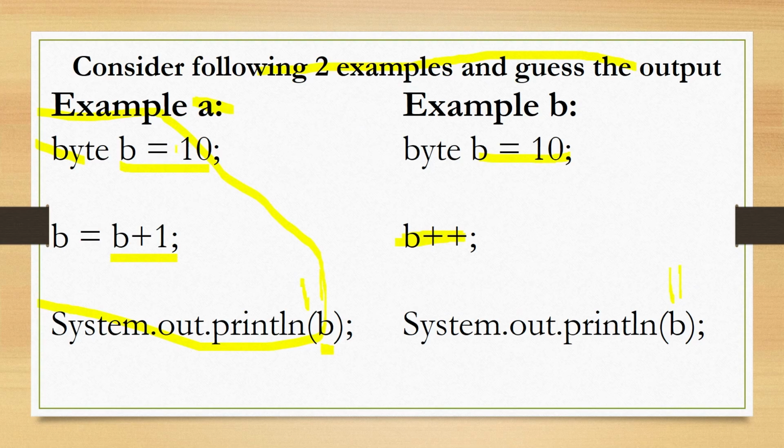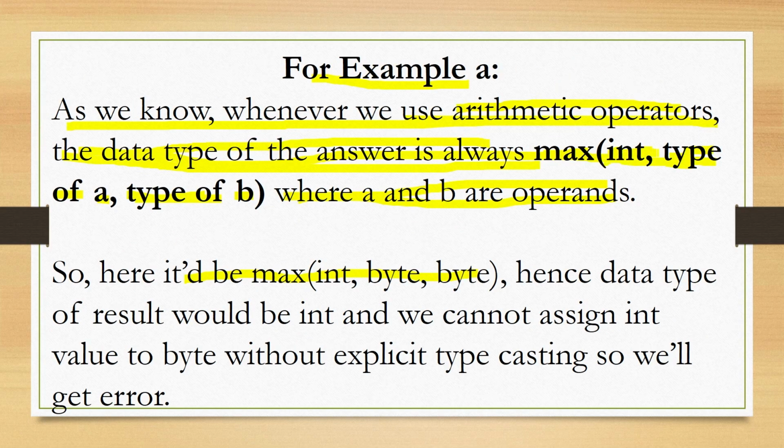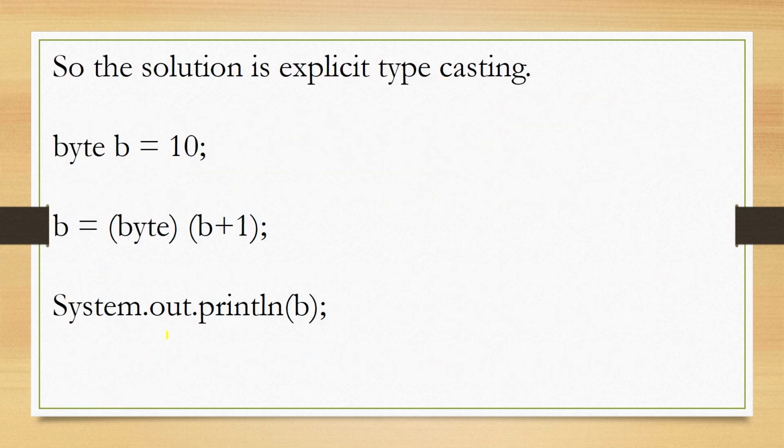It might be considered byte, it might be considered int, it doesn't matter, but the result will be int. Hence the data type of result will be int, and we cannot assign an int value to byte without explicit casting. We will get an error. I have explained this now, I hope that is clear.